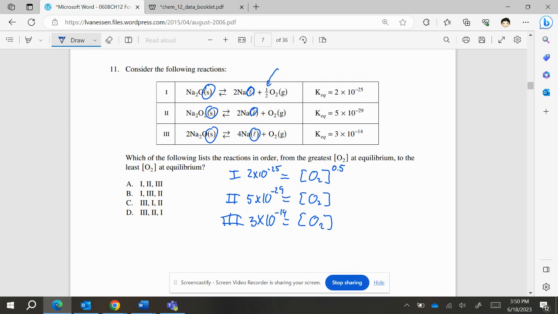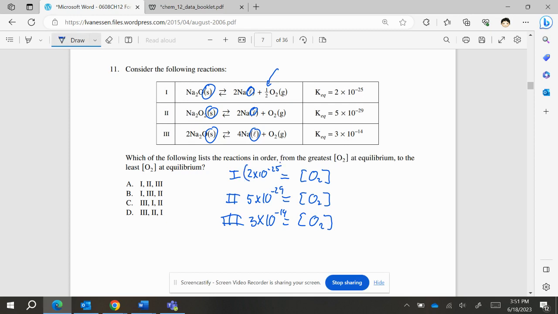So what I'm going to do is, to get rid of this right here, taking to the power of 0.5 is the same as saying it's root. How do I get rid of root? Well, I have to square it. So I'm going to square both sides.